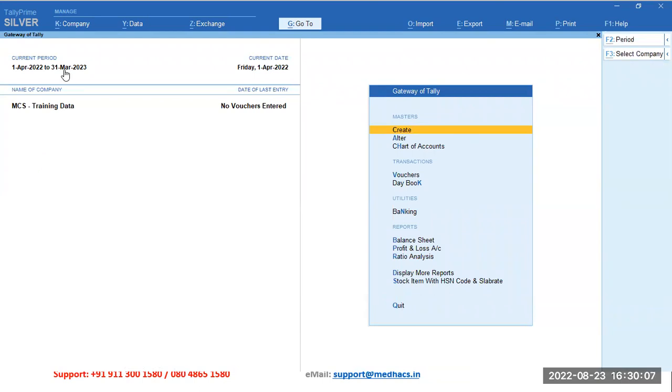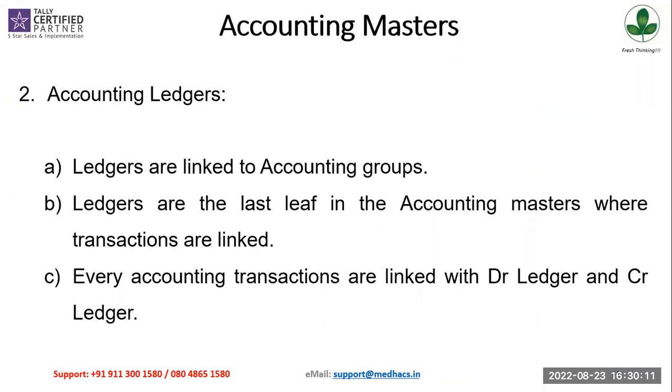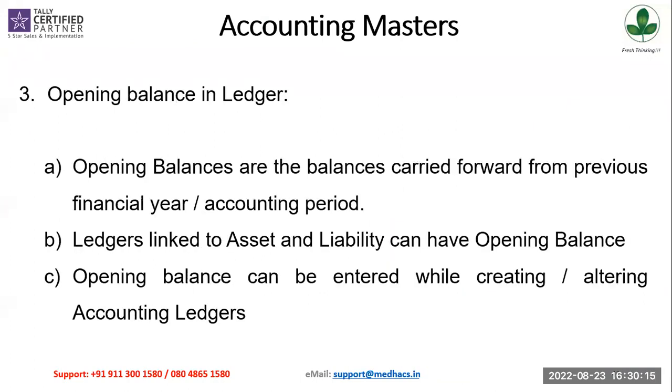Okay. So now let's go to the next topic, next subtopic, opening balance. What is opening balance? So when you start your books of accounts, and when it's an ongoing business, meaning we change the accounting periods.